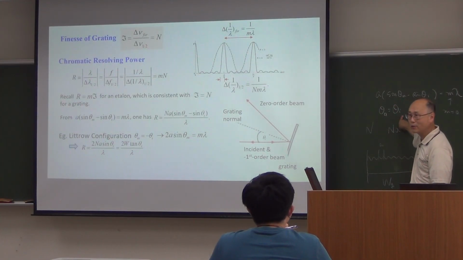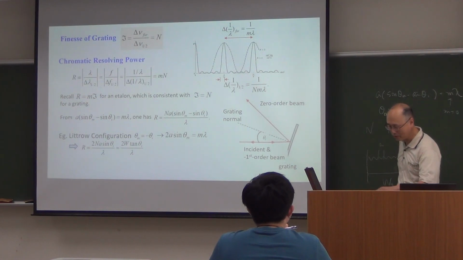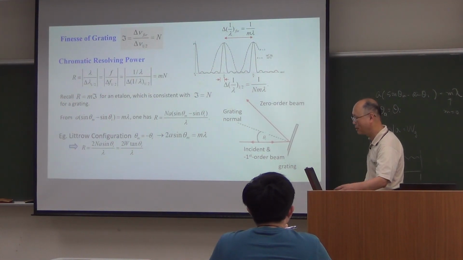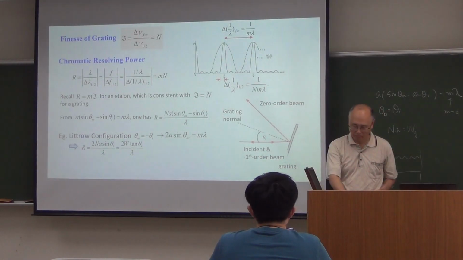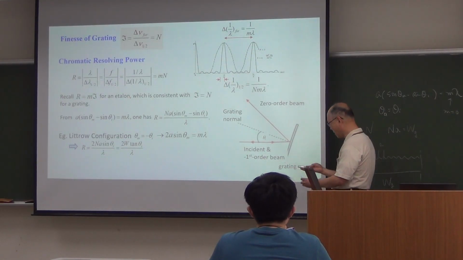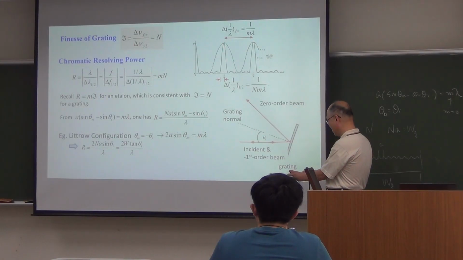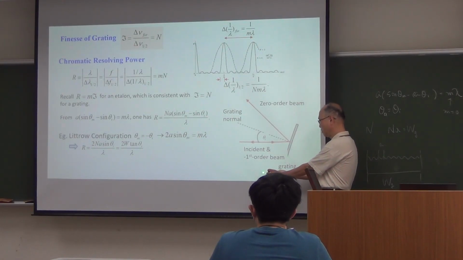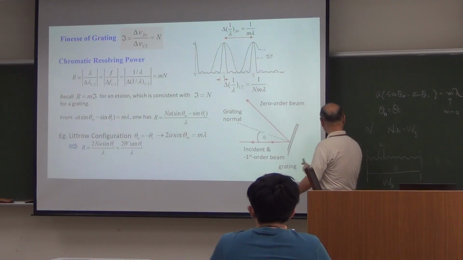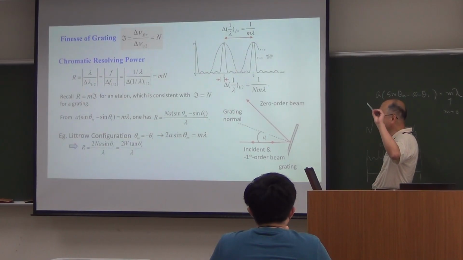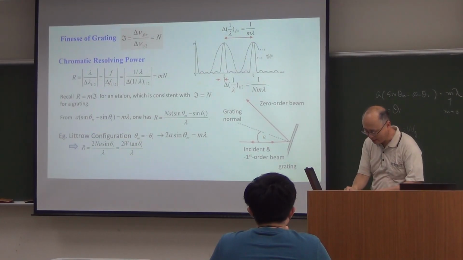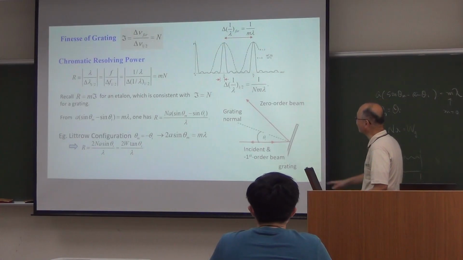So this is the zero order beam, just like when you send light onto a reflective surface. Once you send the laser, you see a reflected light here, satisfying this condition. This is just a smooth surface. But then you have diffraction orders.